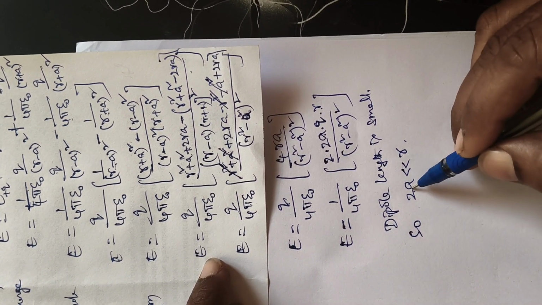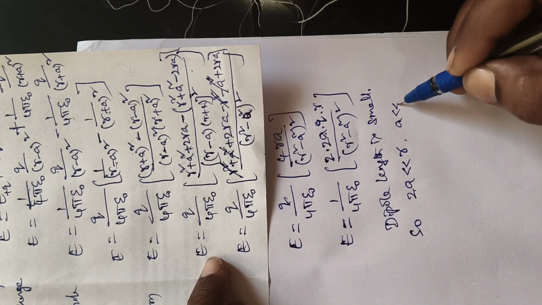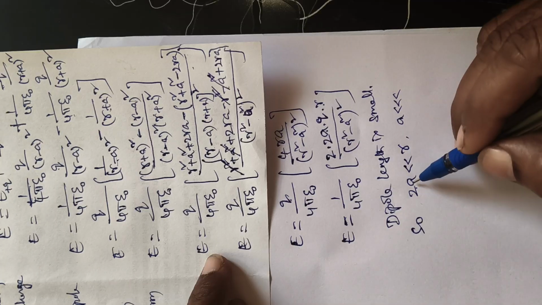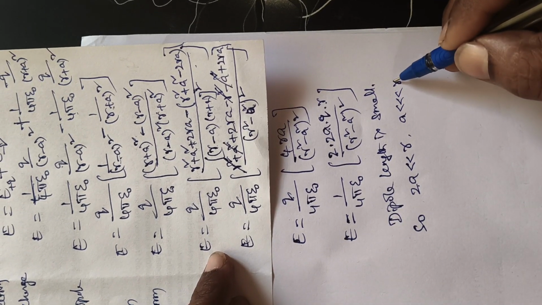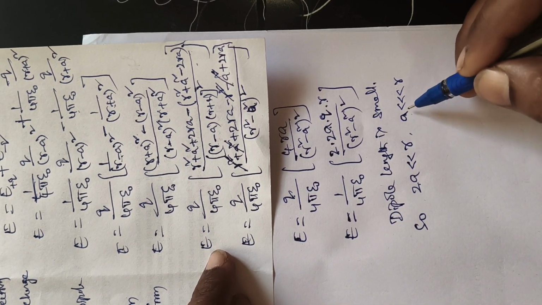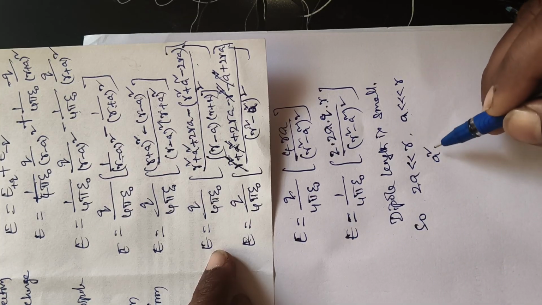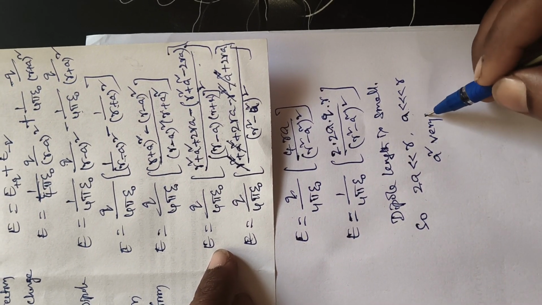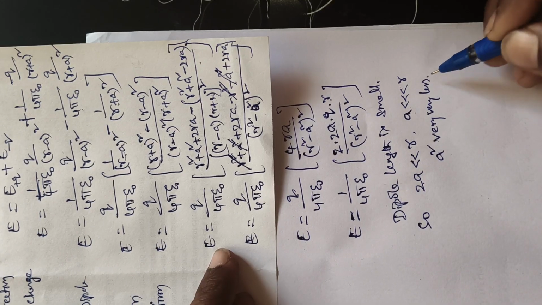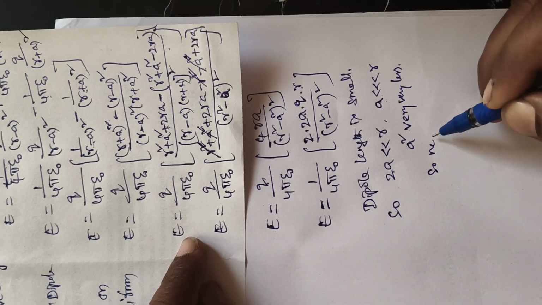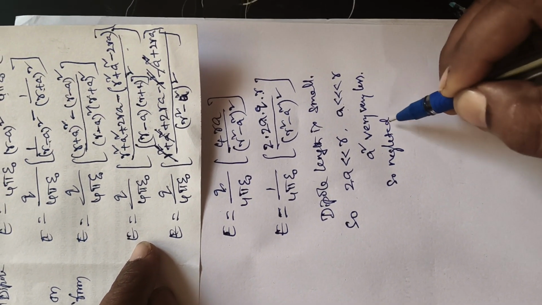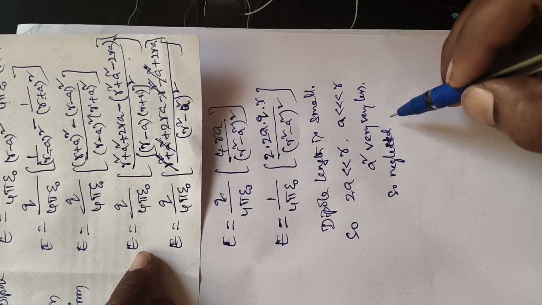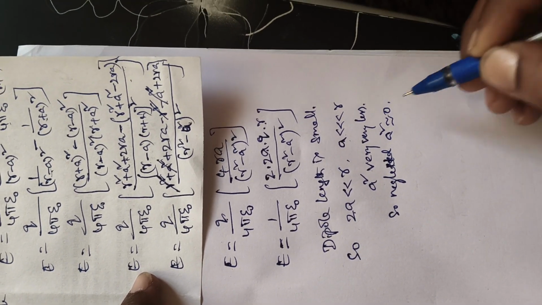That's why 2A is small, and A is very small. So that is half of the distance compared to R. Again, A is small means A square is very much neglected. Very less. So neglected. Neglected value means A square is nearly equal to 0.